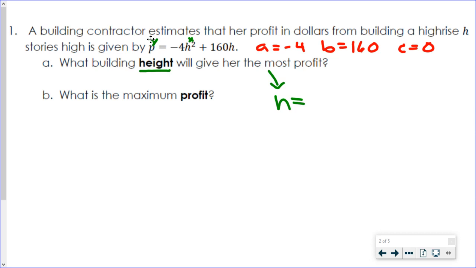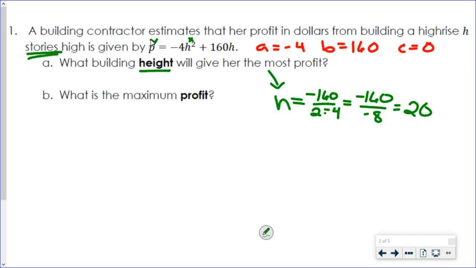So h equals the opposite of b over 2a. So -160 over -8. Do you follow me? So 20. To answer the question, what building height will give the most profit? Height is in stories, so the maximum height is 20 stories high.